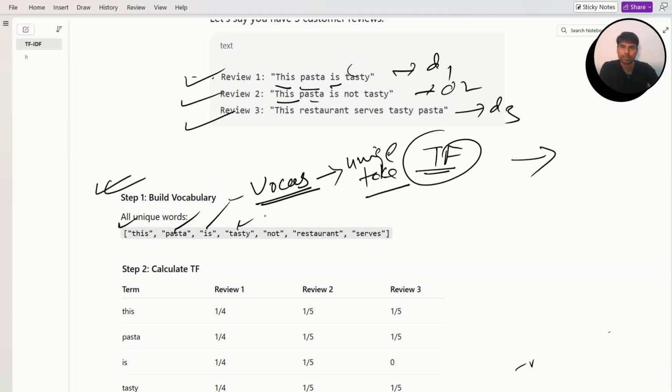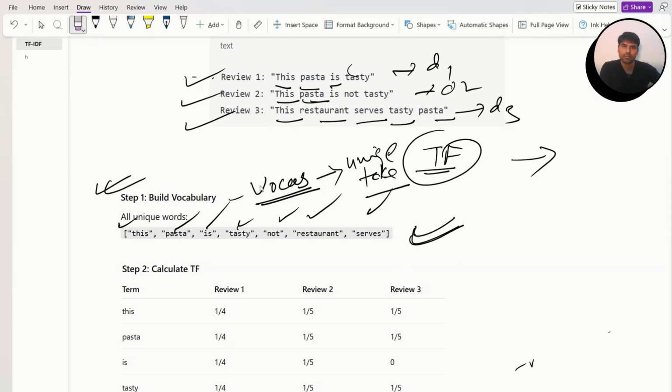This is already taken, I'm not repeating it, pasta already taken, is already there. Not is coming, tasty already there, this already taken, restaurant, serves, tasty already there, pasta already there. You can see that this is my unique tokens in the given corpus.